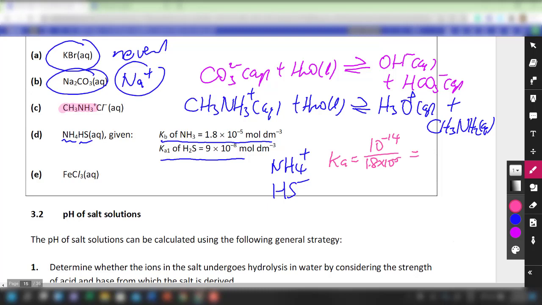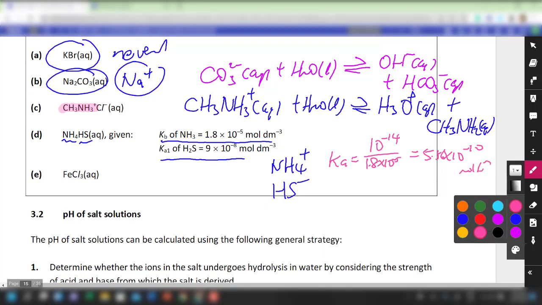Okay, let me try that. Just a moment. Okay, you should be able to get 5.56 times 10 to the power minus 10. Maybe we leave it as 3 SF, 5.56 times 10 to the power minus 10 moles per dm cube.